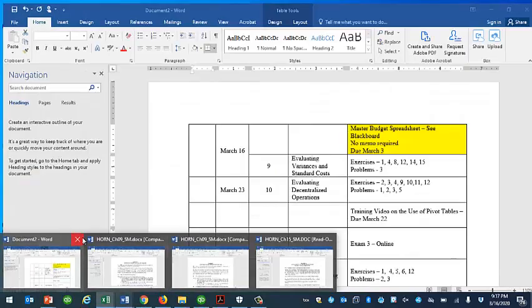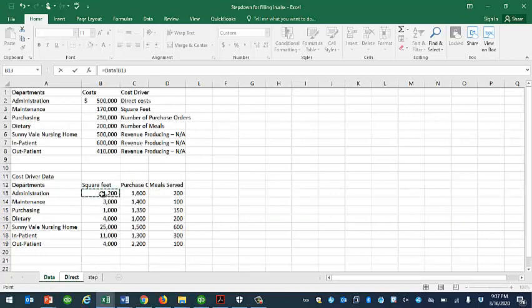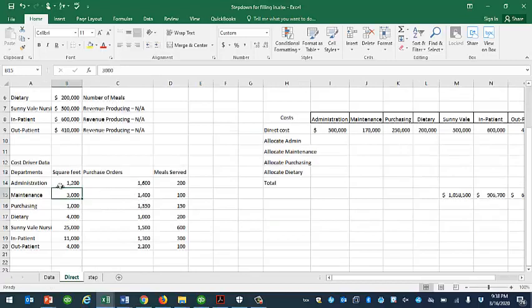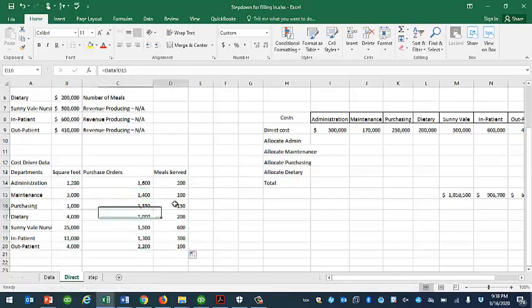Same thing with the data in the other areas, including the square feet, purchase orders, and meals served. Okay, so I've got those brought over. Didn't change anything, but now you can notice that these are all formulas linked to the other page.